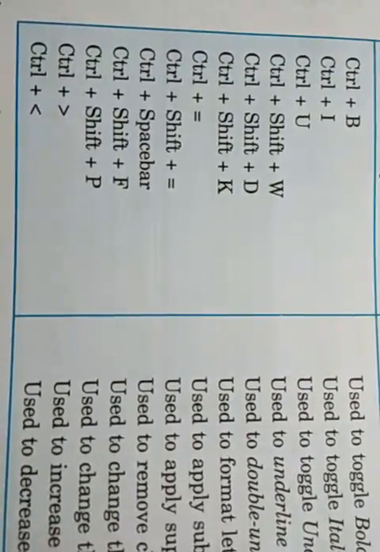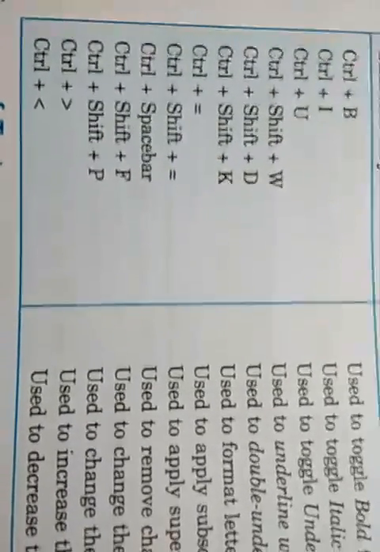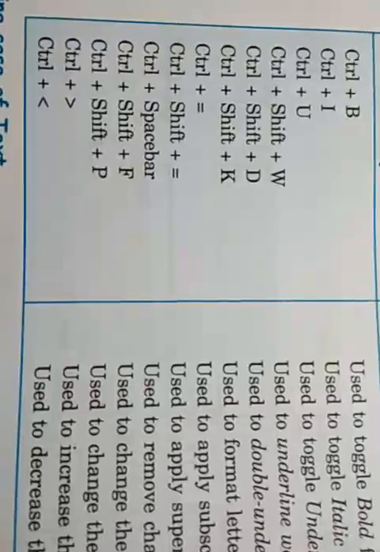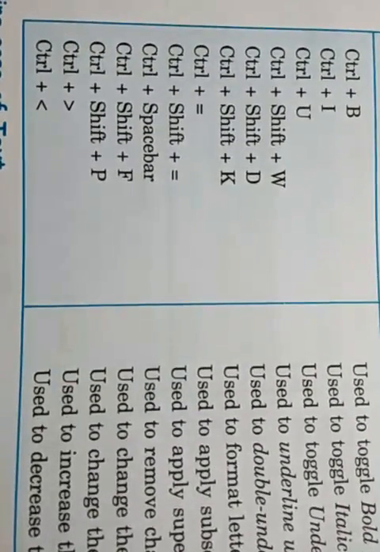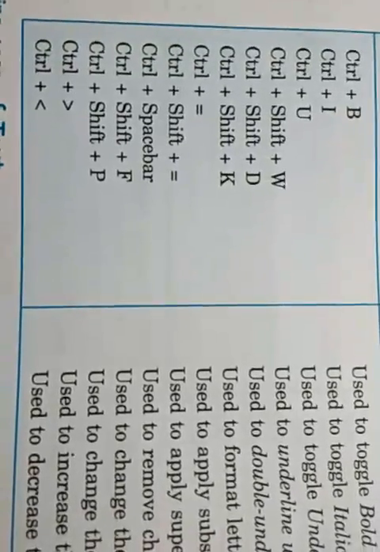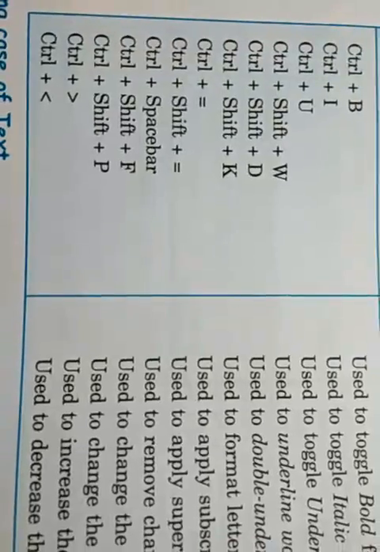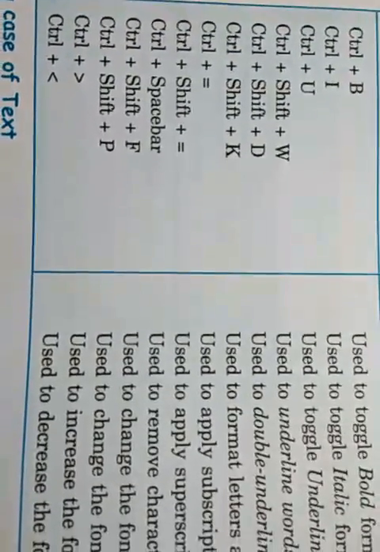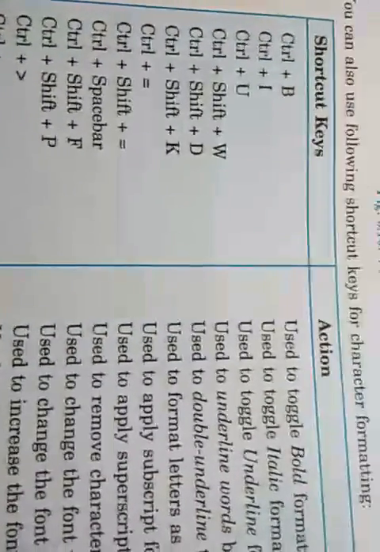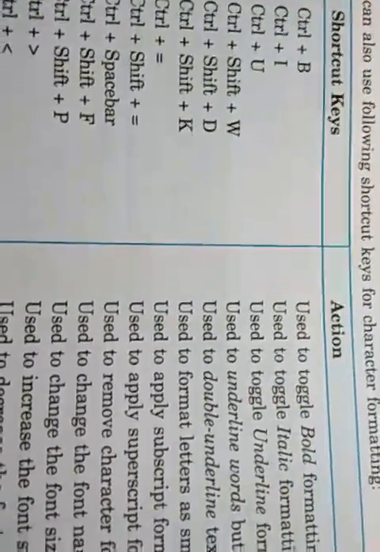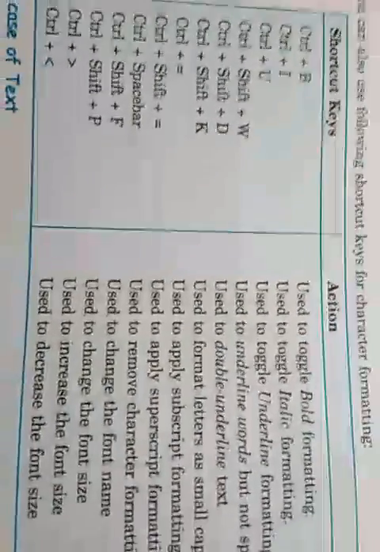Ctrl plus U is for underline. When we want to underline a sentence and press Ctrl plus U, all the text of the sentence, with spaces, will be underlined. But in the case of Ctrl plus Shift plus W, only the words will be underlined, but spaces will not be underlined.